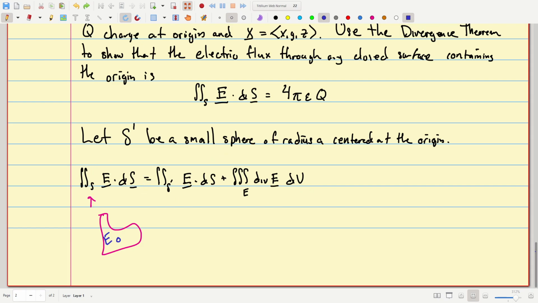I can imagine this as being the tiny volume in here, but I use the divergence theorem to replace the volume integral with a surface integral. And then I have the leftover volume. The reason it's not more complicated is because the divergence of the electric field is 0, so this goes away. That's the trick.